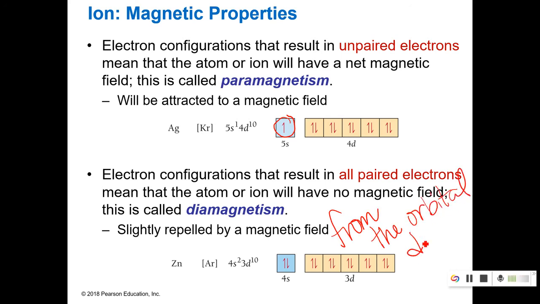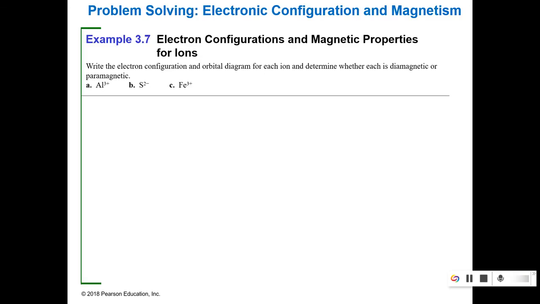You cannot tell unless all the orbital diagram is filled in. Okay, so if you need help with that, please let me know. I'll be happy to send you extra practice. So here it wants to know if they're paramagnetic or diamagnetic. It does want us to do the electron configuration and the orbital diagram because you can't do it without.